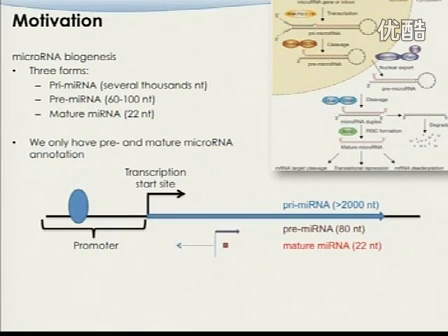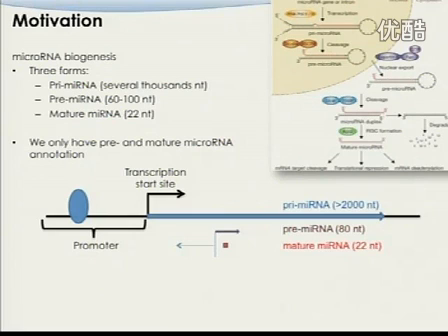But actually, when we go to the microRNA database, what we get is always this part, which is the start and end of the precursor or mature microRNA. So we never had where the start of the primary form is, and there's no database on that. People don't know that very well. So when we look for the binding sites of transcription factors we're interested in, we always go to this region, which is really off target.